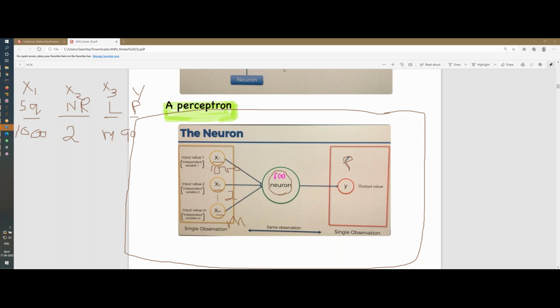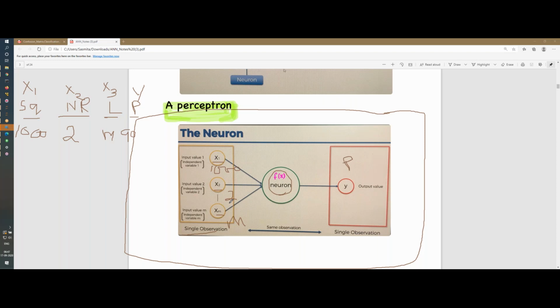One is the input layer, which is nothing but a single observation, one row I have taken. So this is the input layer, then the neuron, and then the output layer. That is the architecture. Each input layer has different nodes, and nodes are nothing but features.